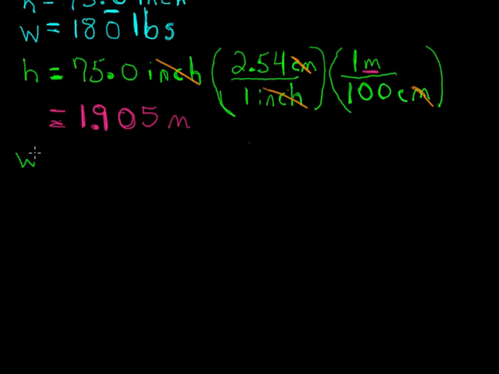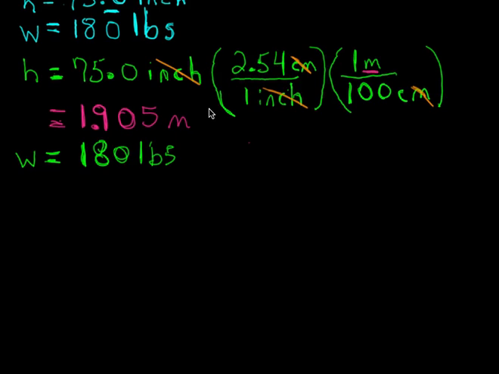We're going to do the same thing for the weight. W equals 180 pounds, and we're going to build our conversion factor. If you look on the sheet, it says 1 kilogram has a weight of 2.2 pounds, where g equals 9.8 meters per second squared. English units measure weight in pounds.